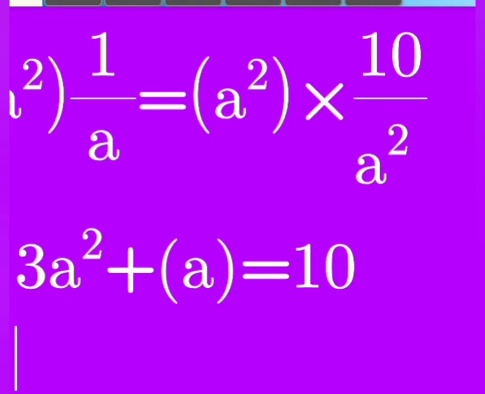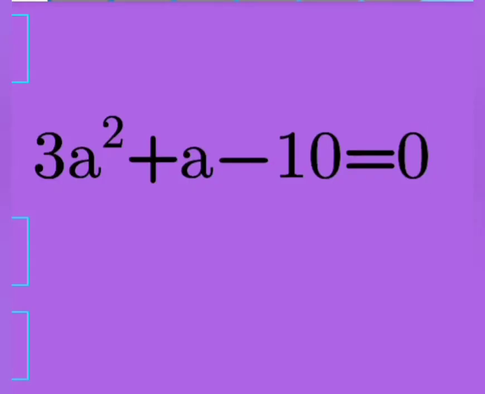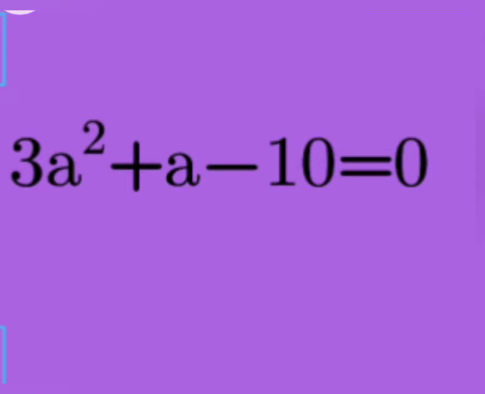Therefore we are moving plus 10 from the right hand side to the left hand side. So plus 10 will become minus 10. Therefore we get 3a squared plus a minus 10 is equal to 0. This is a quadratic equation in terms of a.